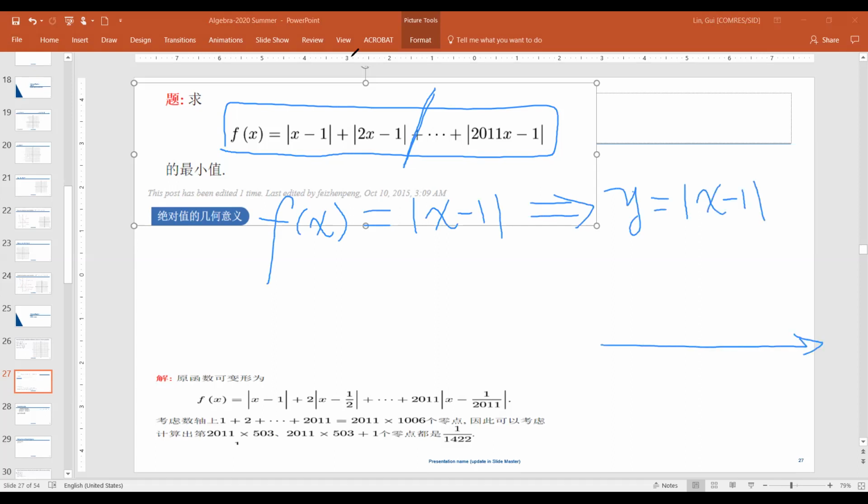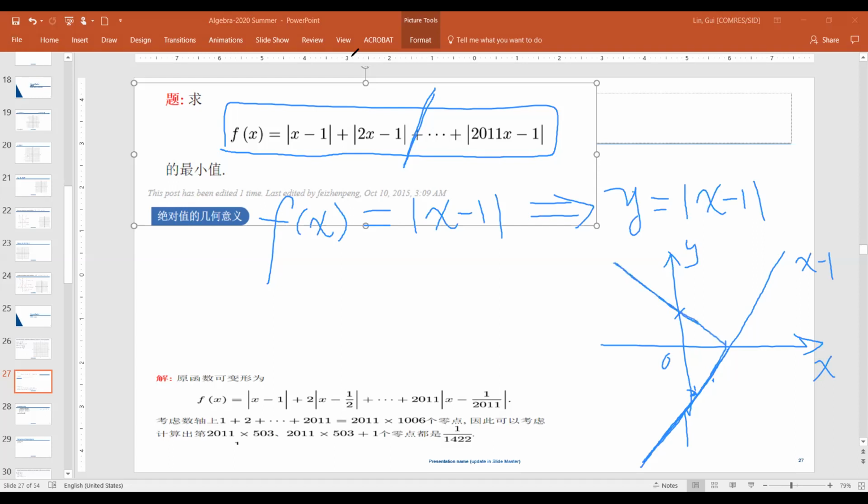When we do the graphing, we know we can graph x minus 1. When x equals 1, it equals 0, right? When x is 0, it is -1. We can graph it like this. It's x minus 1, right? When we do the absolute value, it means the part below 0 becomes opposite, right?